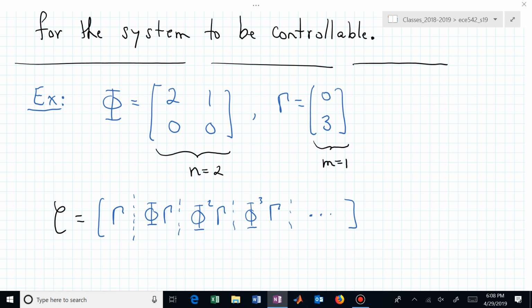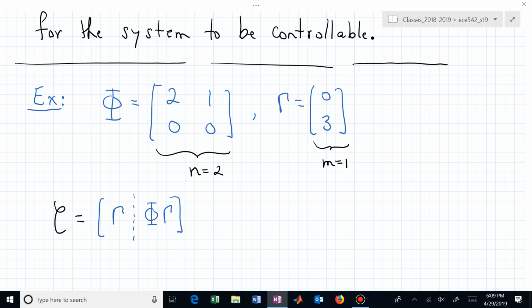I just go up to little n minus 1 of those, raising phi to that power. In this case, little n is 2. I take 2 minus 1, that's 1. This is as big as my controllability matrix needs to be. Is gamma. That's one set of columns. And how many columns are in gamma?